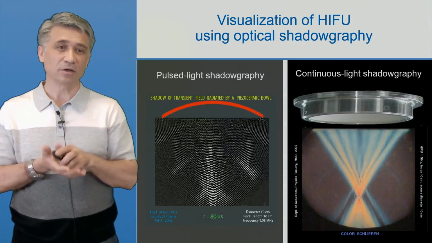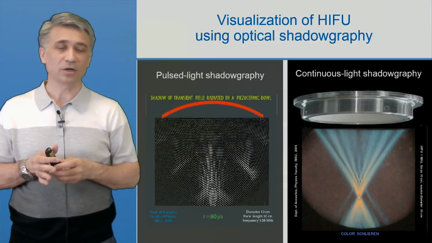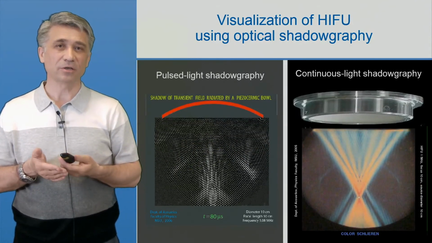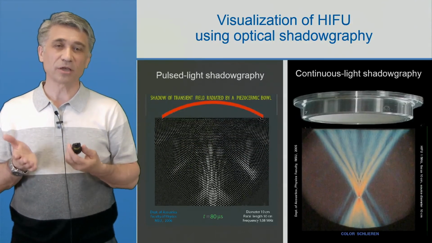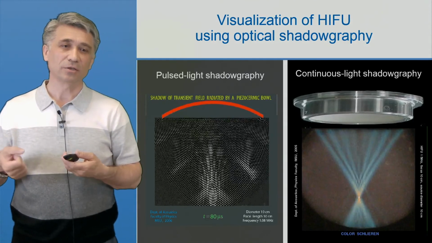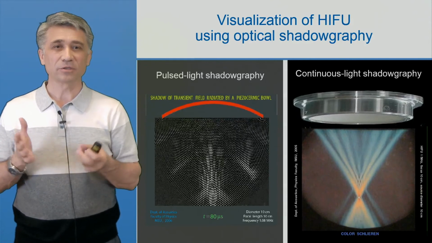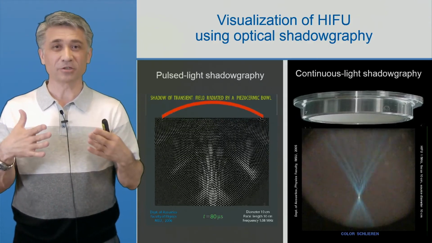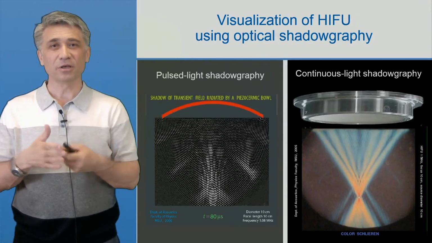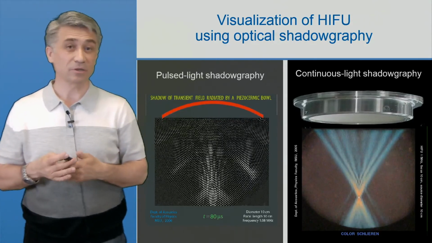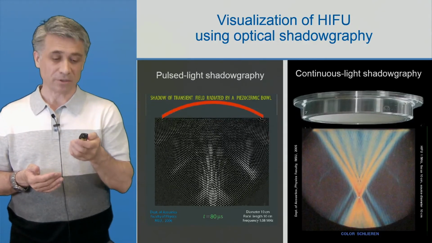And this movie shows how the intensity distribution looks when you increase the power of the source. Initially it's weak power and then higher, higher, higher. And you can see the special structure of the beam. It's indeed converging, and the maximum intensity happens at the focal spot, and it can be seen.